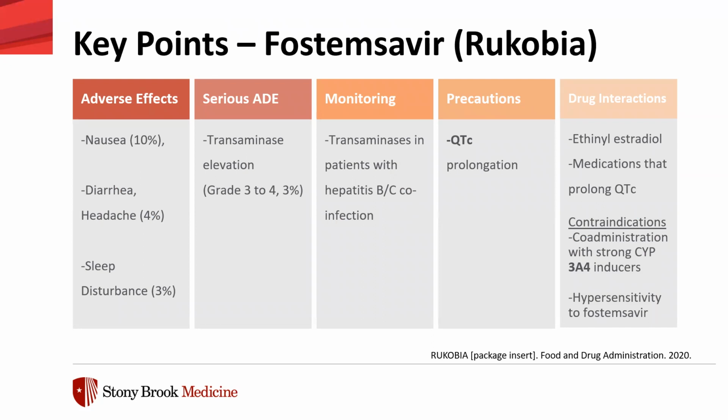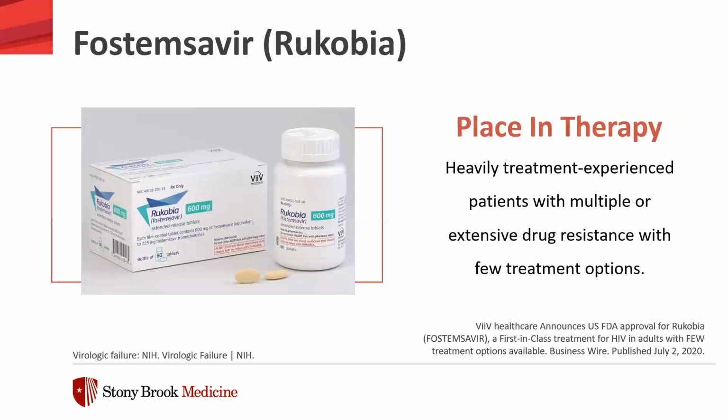Its contraindication is co-administration with strong CYP3A4 inducers, so checking for drug interactions with Rukobia will also be a good point. Its place in therapy is specifically for heavily treatment experienced patients with multiple or extensive drug resistance with few treatment options. The goal for these patients as a last line therapy is resuppression if possible, otherwise keeping that viral load as low as possible and CD4 count as high as possible.